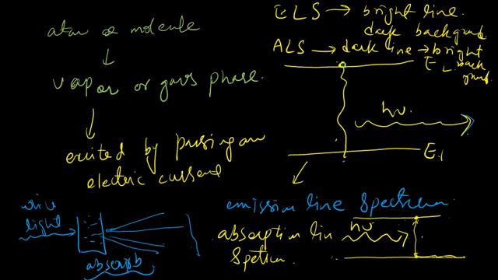So we can differentiate the absorption line spectrum from the emission line spectrum by their appearance. The dark lines correspond to the frequencies or wavelengths absorbed by the gas.